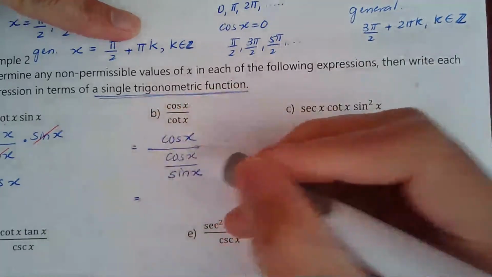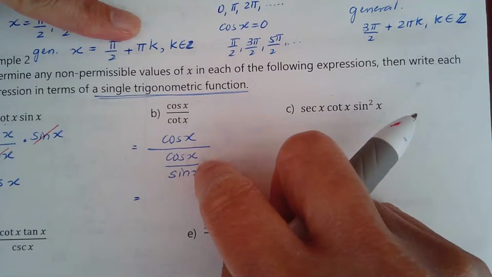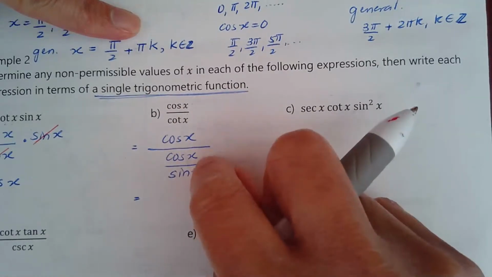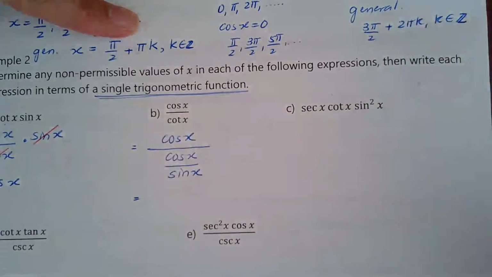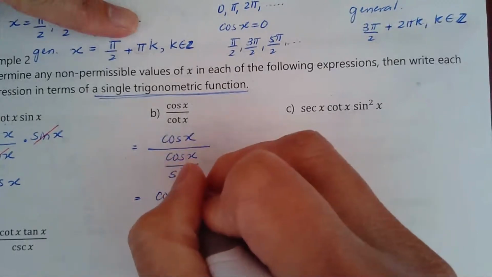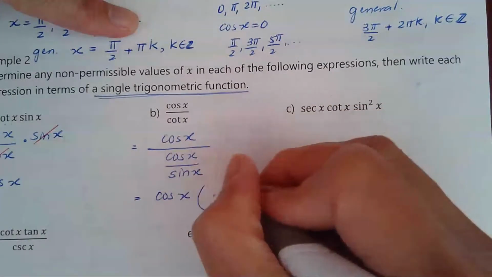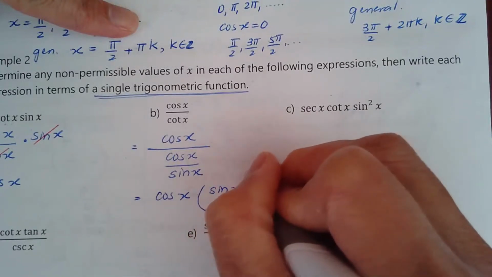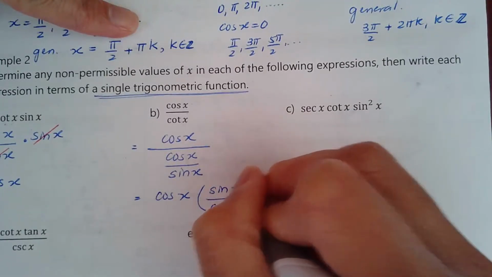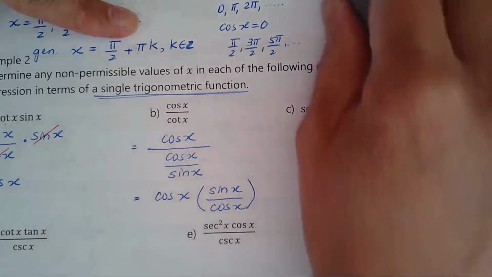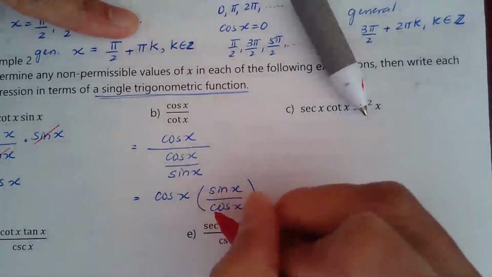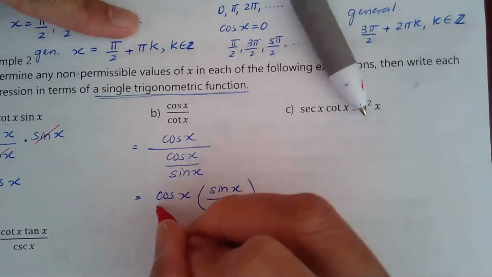We can say we're going to divide, and to do that, it's the same thing as multiplying the reciprocal. So cosine of x times the reciprocal of this, so sine of x divided by the cos of x, and you'll see cos of x and cos of x cancel each other out.